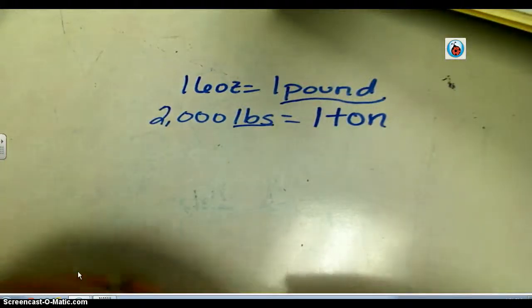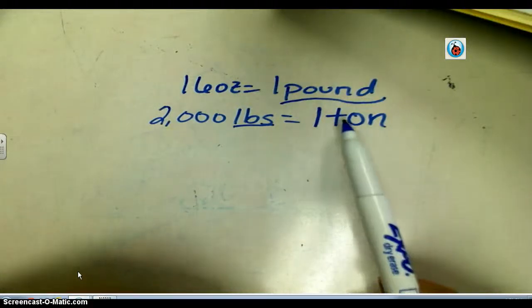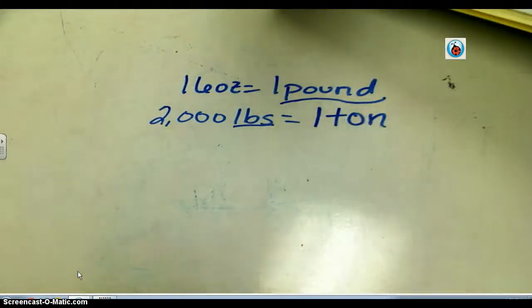So, here's a brain buster for you. If I wanted to figure out how many ounces are in a ton, how would I do that? 16 divided by... What I want to divide, because divide's going to get it smaller. I'm going from a small unit and I want to go to a big unit. 16 times 2,000.